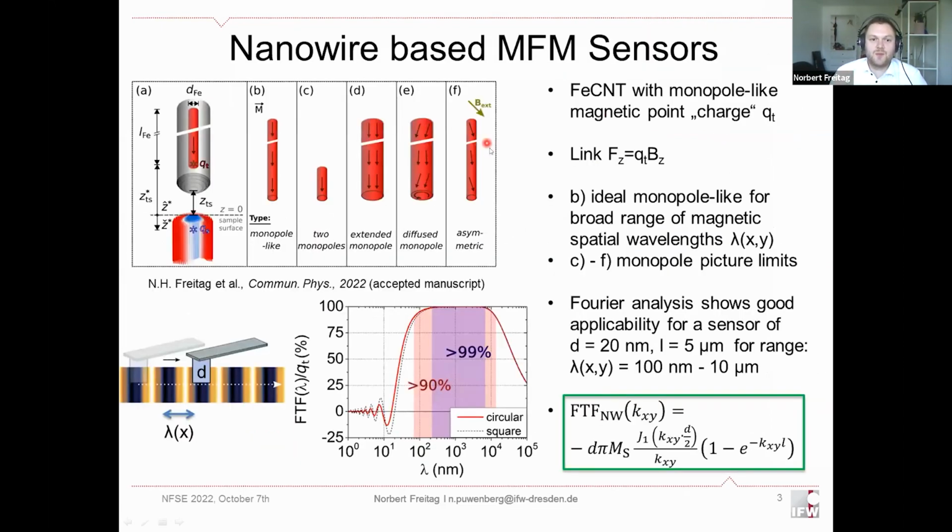Okay, so why do we need nanowire based MFM sensors? I show you here a magnetic nanowire with a shell. In our case, it's a carbon nanotube. With this magnetic nanowire, you can map the sample surface and stray fields to map magnetic textures.